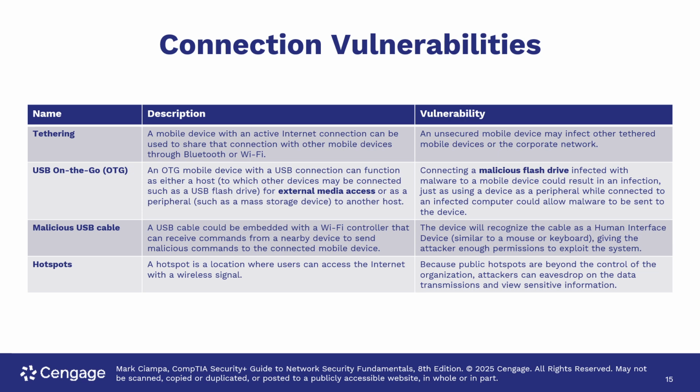So here are some additional connection vulnerabilities: tethering, USB on-the-go, malicious USB cables, and even hotspots. Anywhere somebody can connect or access the internet with a wireless signal is potentially a weak spot unless it's encrypted or taken care of.